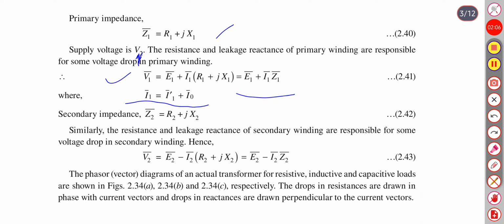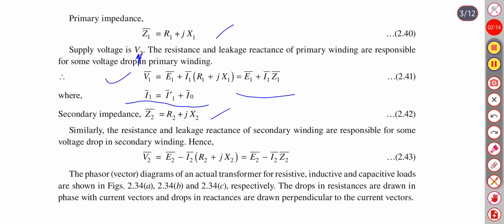So the secondary impedance in the circuit will become R2 plus jX2. Similarly, the resistance and leakage reactance of secondary winding are responsible for some voltage drop in secondary. So V2 will be E2 minus I2 into (R2 plus jX2). Why is there a minus sign here?